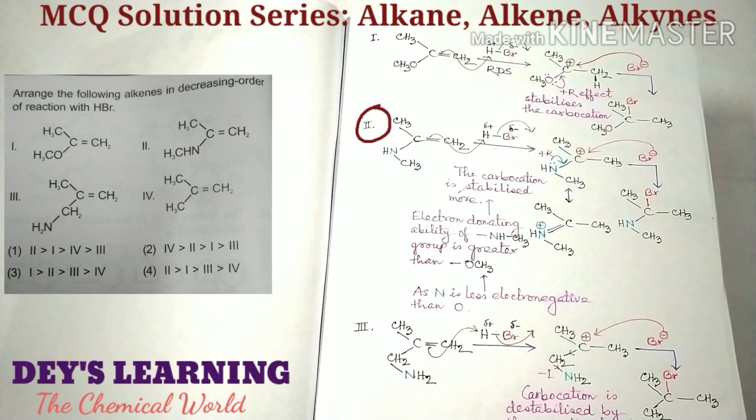Look at here in compound 2, definitely a carbocation is formed, and nitrogen is involved in resonance there. The plus R effect of nitrogen operates there. So this resonating structure is possible, and definitely the stability of this resonating structure is higher than the carbocation obtained from compound 1, because here it is an NHCH3 group, and in compound 1 it is an OCH3 group.